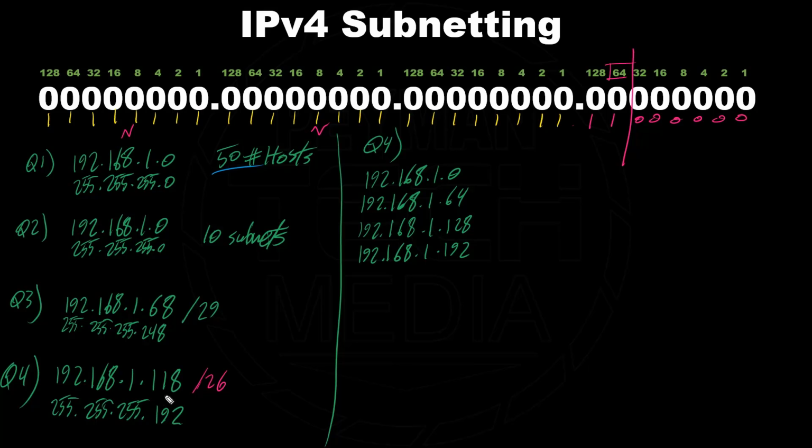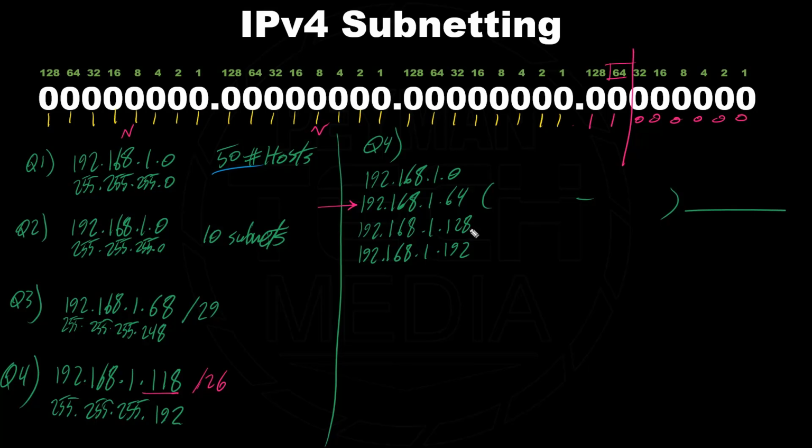And looking at this IP address 192.168.1.118, let's see which subnet it falls into. 118 should be in the 64 subnet because 64 goes to 128, right? So 118 should be in this subnet. And if we write the actual ranges, the broadcast address is always one less than the next one.